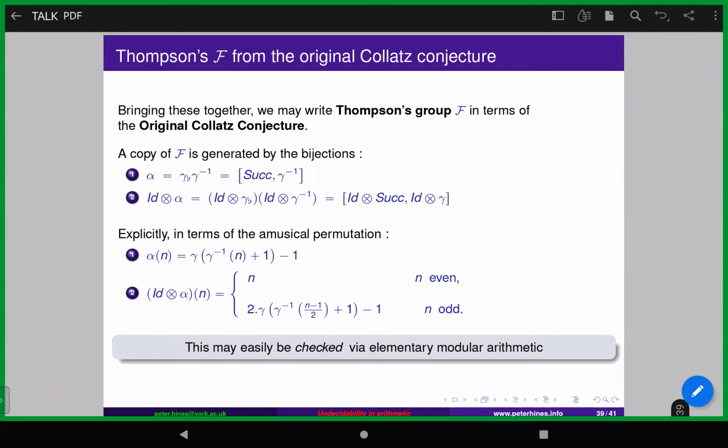And it is actually quite easy to check that we do indeed get a copy of F by simple elementary modular arithmetic. But my point at this stage would be, it might be easy to check, but it certainly wouldn't have been easy to derive F from Collatz's conjecture without going through all the intermediates: logic, theoretical computer science, and implicitly category theory.